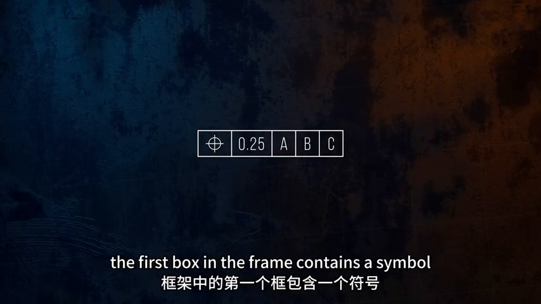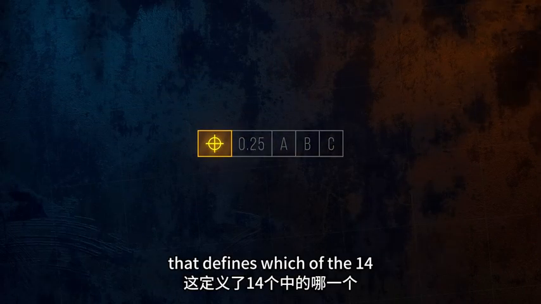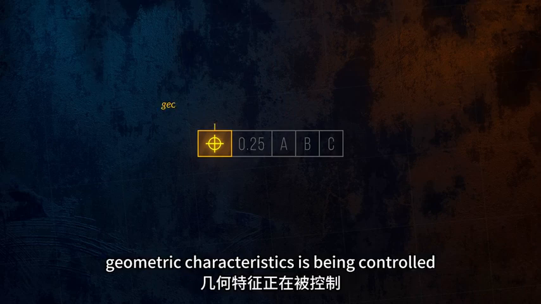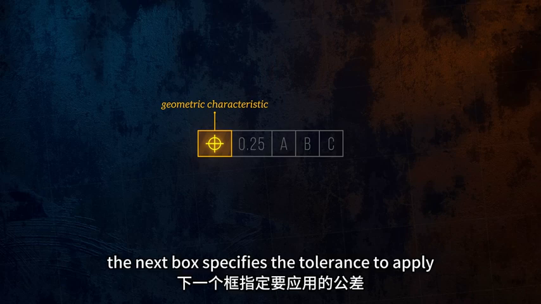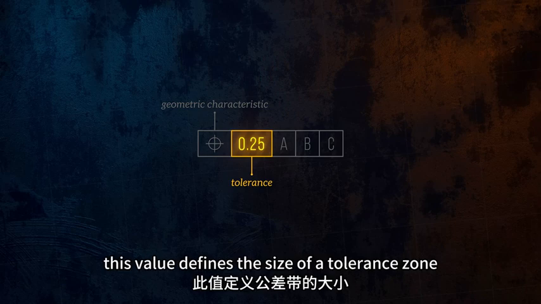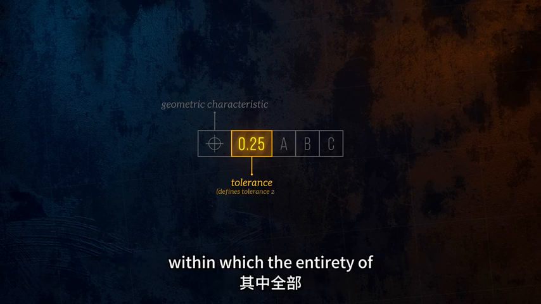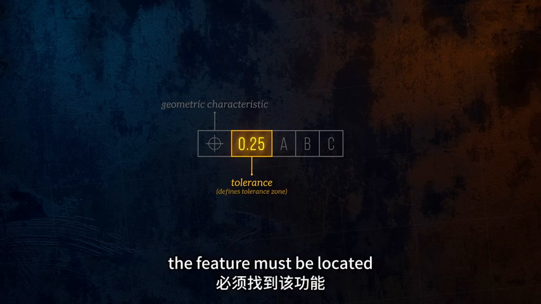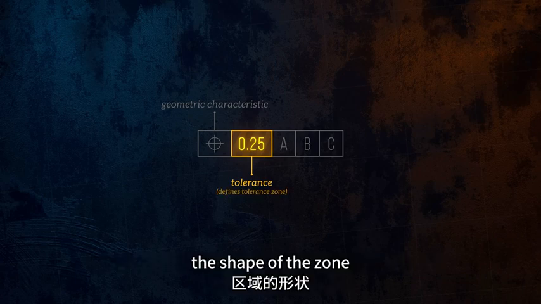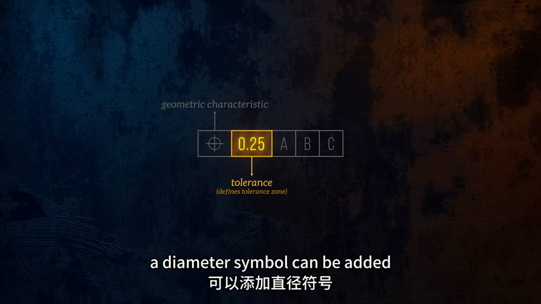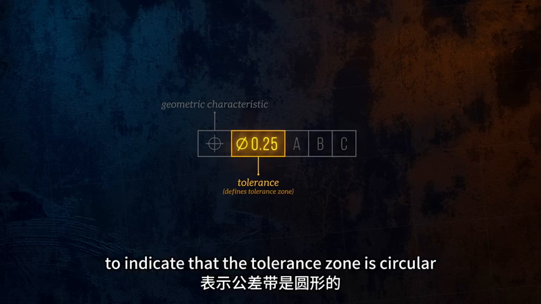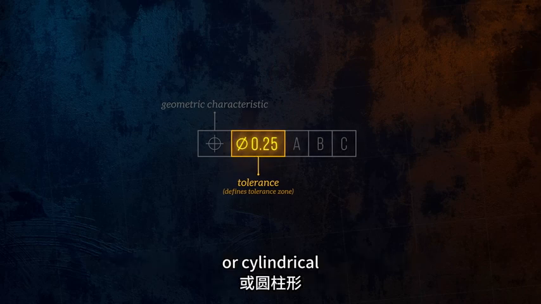The first box in the frame contains a symbol that defines which of the 14 geometric characteristics is being controlled. The next box specifies the tolerance to apply. This value defines the size of a tolerance zone within which the entirety of the feature must be located. The shape of the zone depends on the geometric characteristic being controlled. A diameter symbol can be added to indicate that the tolerance zone is circular or cylindrical.